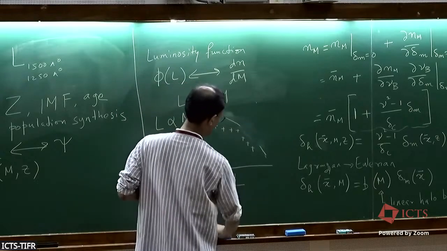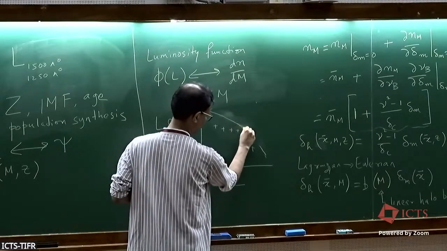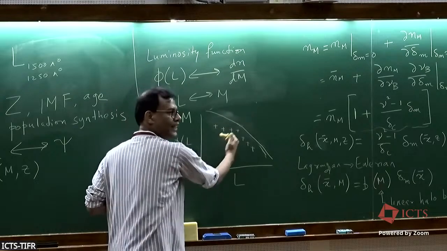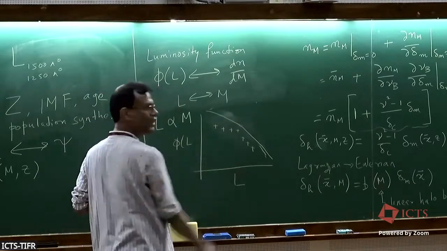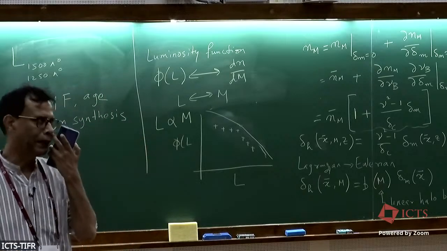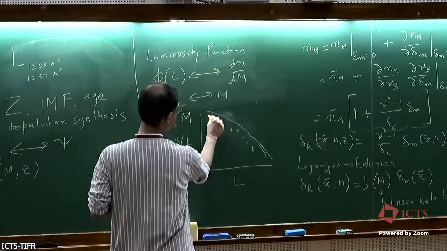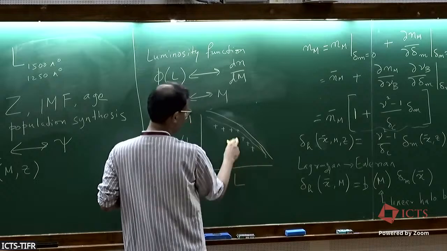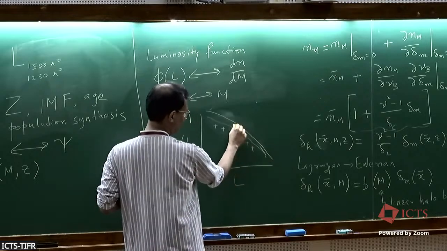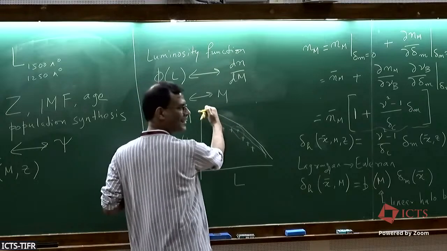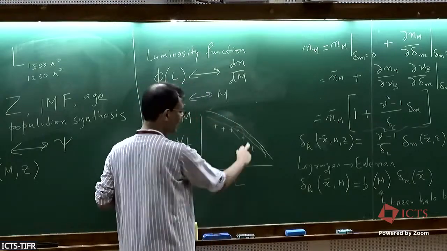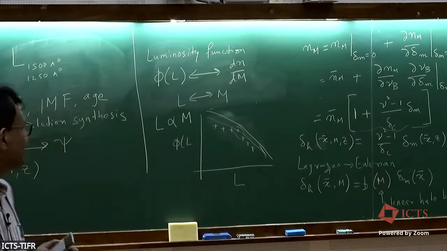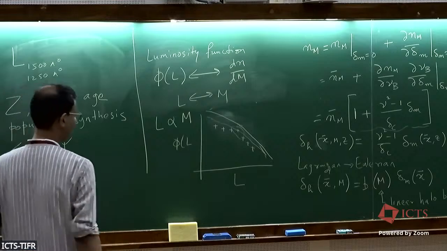This will go less prominently. You can shift the curve this way, that way, using this scaling, but it will never come and sit on the data. The best you may be able to do is something which looks like this: it comes here and then falls like this. So you will be able to match the data around this point. You will neither be able to match the data at the faint luminosity end, nor at the large luminosity end. That was the first indication that there is something happening at both the ends.